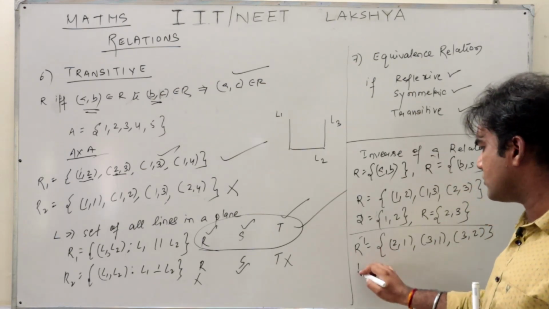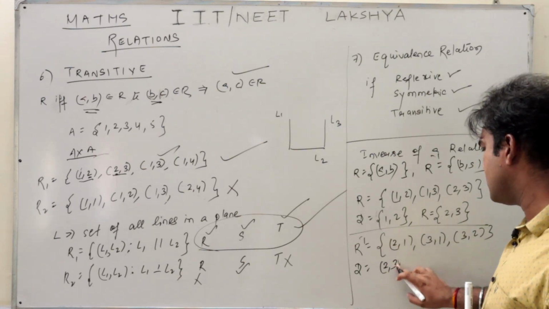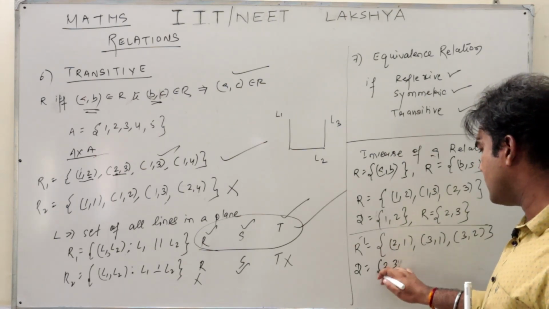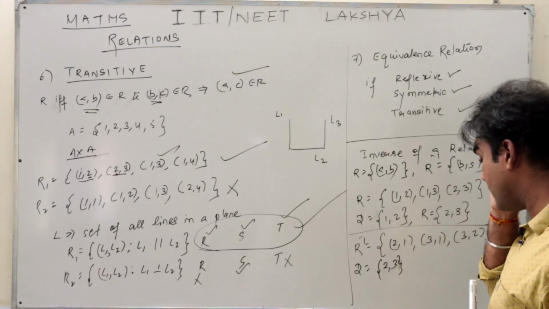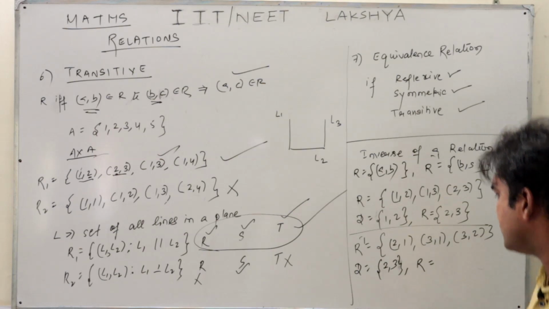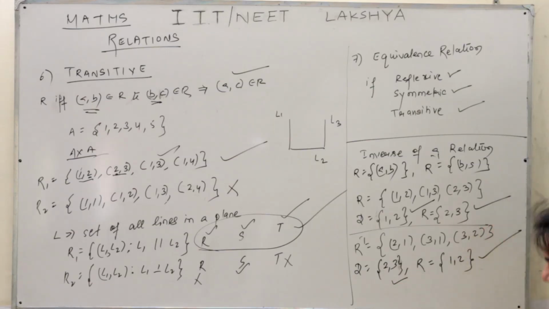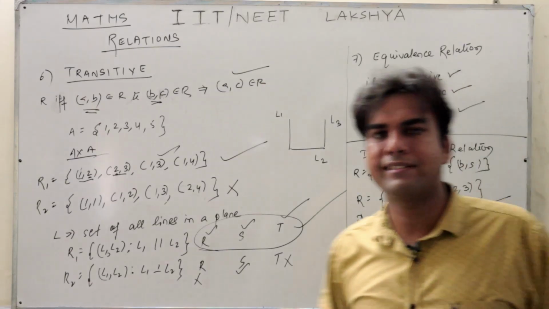So the domain of R inverse will be 2, 3. The domain and the range of relation and its inverse would be interchanged. And the range is 1, 2. You see here, this is your range of R inverse, which is same as the domain of R, and this is your domain of R inverse, which is same as your range of R. So that is your inverse relation.